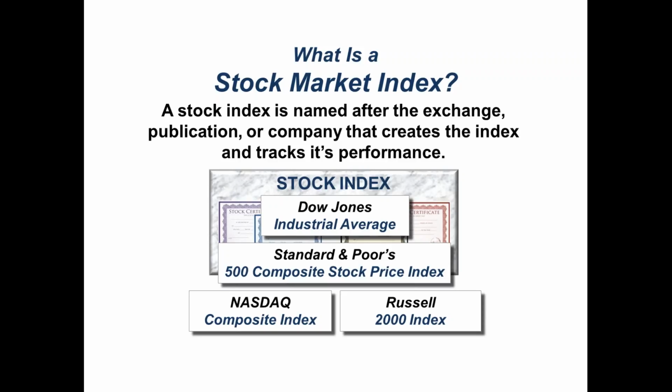Standard & Poor's Company invented that index and tracks its price. NASDAQ is all the stocks traded on the NASDAQ exchange. That's an interesting one. I'm going to tell you a little bit more about that in a few minutes. Then you've got all these other different ones. Russell 2000 is invented by and tracked by a company called Russell Investments.